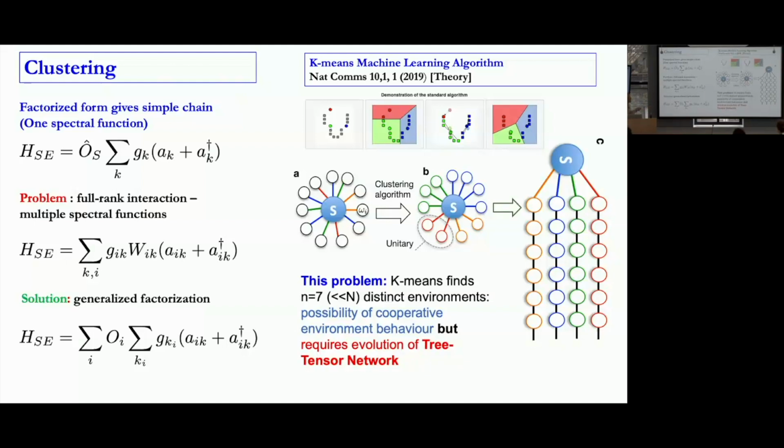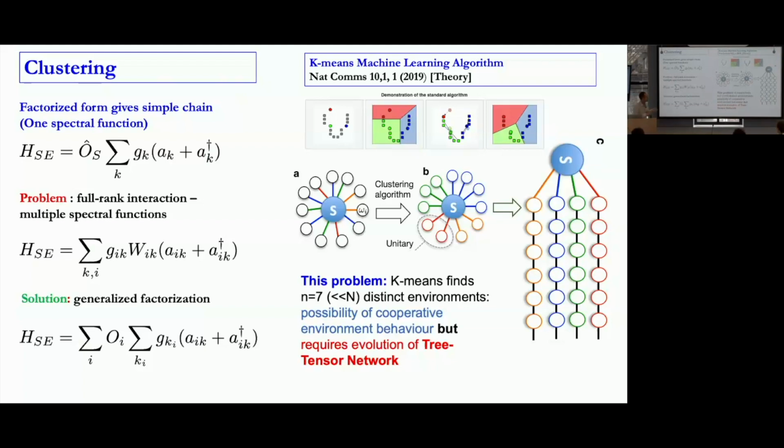When we did that on this particular problem, we found that it breaks up very naturally into a smaller number of sub-environments, each of which can then be transformed into a chain that we can deal with. But the complexity does grow because we have 7 environments. We have something more like a tensor tree structure to deal with in this particular problem.